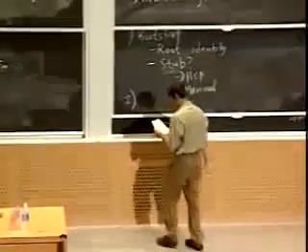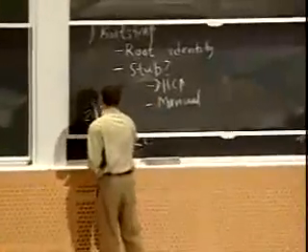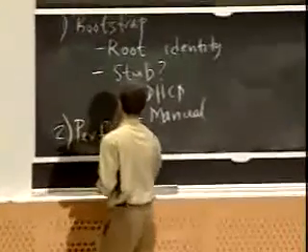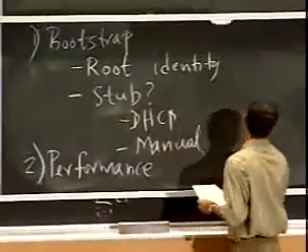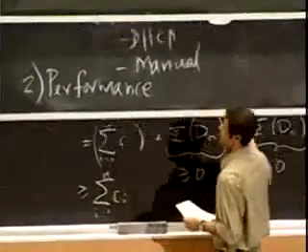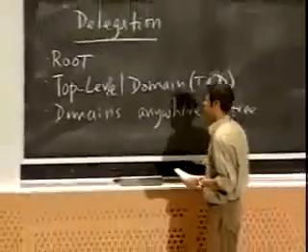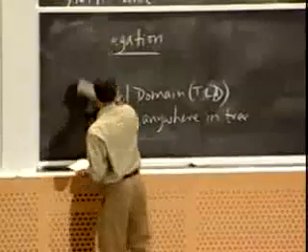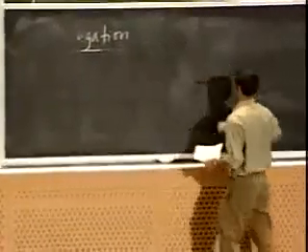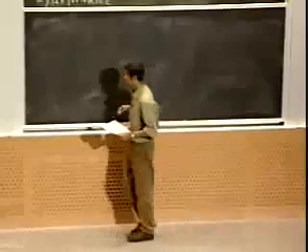The second issue that we need to spend some time on, and we're going to spend the next 5 or so minutes on, is performance. The main point about performance is that if you look at that picture for how names are being resolved, if somebody at Berkeley wants to resolve x.csail.mit.edu, there's a huge number of round trips that they have to do to all sorts of name servers all over the world, or at least all over the country, before they can figure out what the IP address is for my machine.